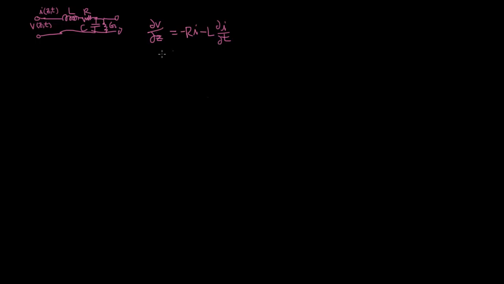And then similarly for the current, you have di/dz is going to be equal to minus GV minus C dV/dt.